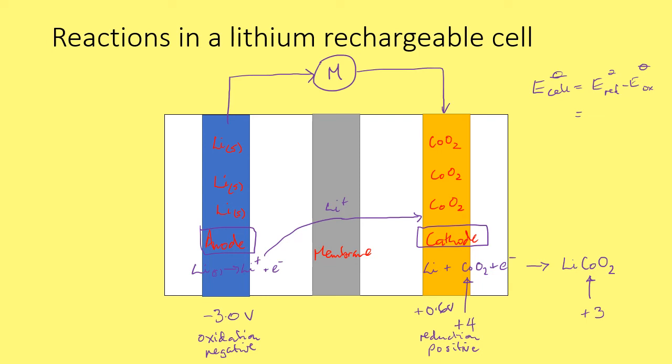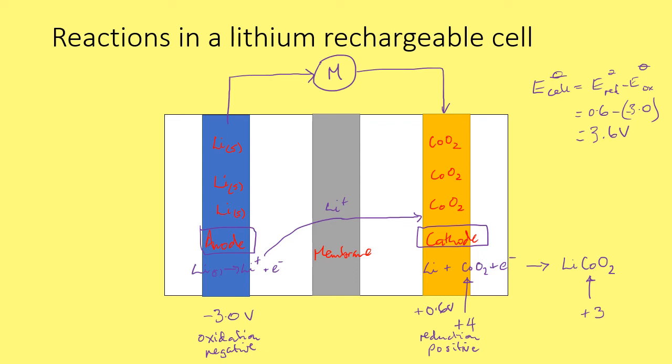The reduction reaction is at the cathode, and that is +0.6, minus the electrode potential of the anode, the oxidation reaction, which is -3 volts. So altogether we've got 3.6 volts, which is quite a nice little voltage from a cell, and that together with the fact that lithium is so light is the reason why lithium rechargeable cells are so popular.